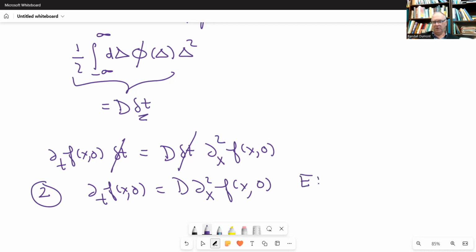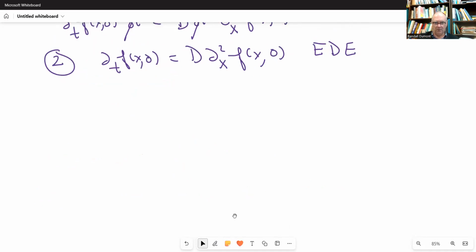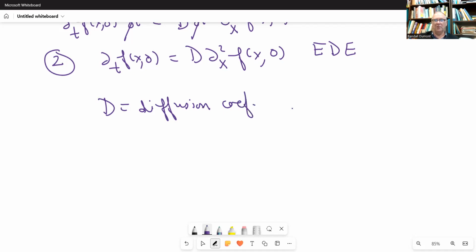This is the Einstein diffusion equation, and D is the diffusion constant, the diffusion coefficient. What are its units? It's got to be per time, and it's got to be distance squared. So distance squared per time.